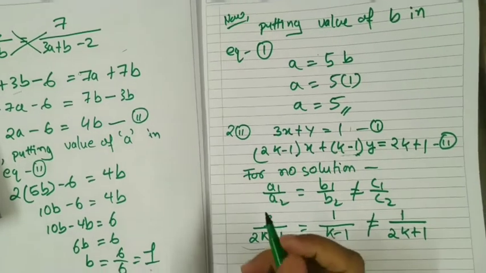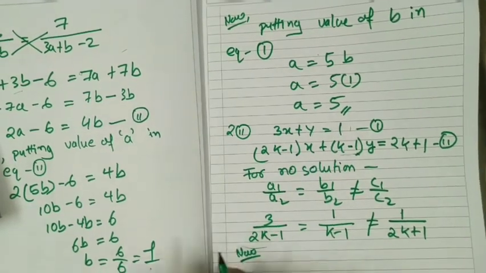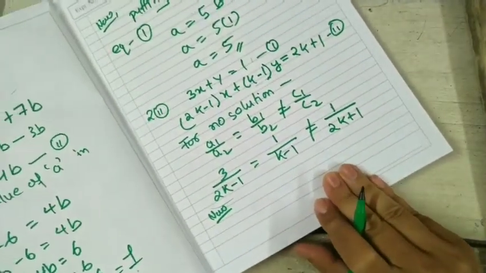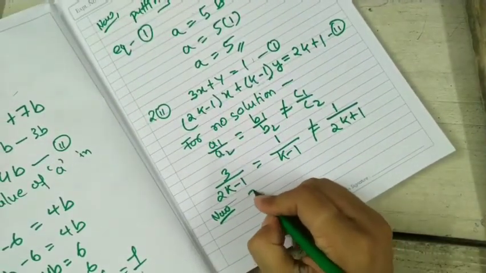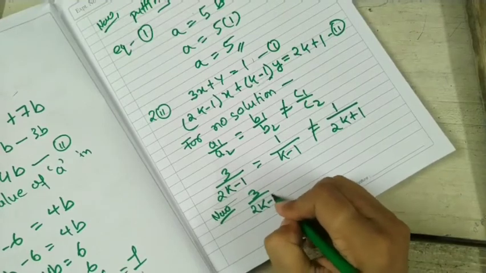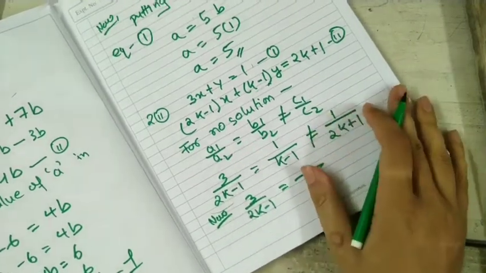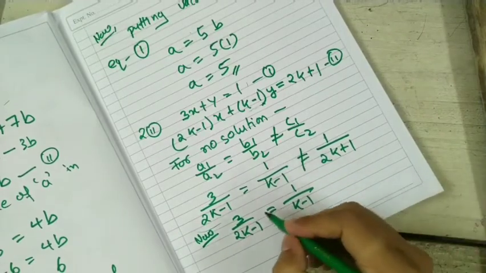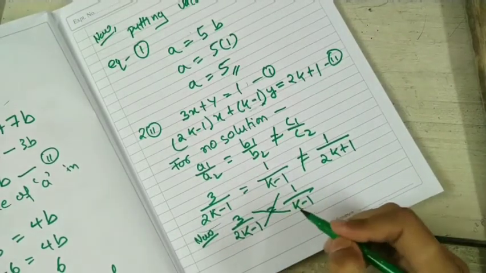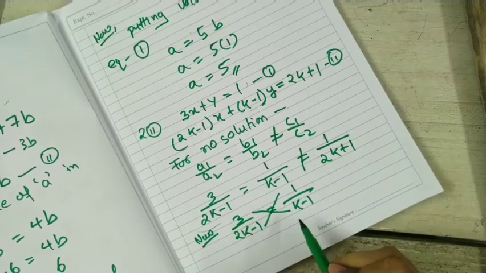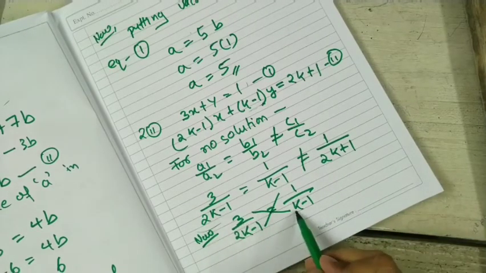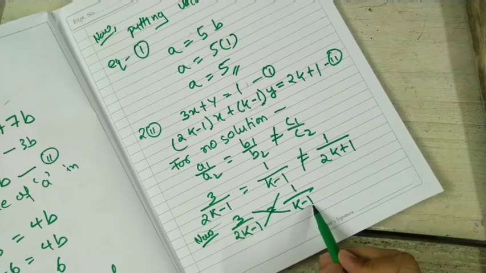So we'll write now: the first term, 3 divided by 2k minus 1, will be equal to the second term, 1 divided by k minus 1. Now we have to cross multiply it. If we do the cross multiplication, we get 3 into k, 3k, minus 3 into 1, 3.